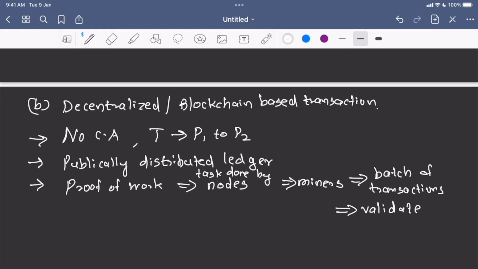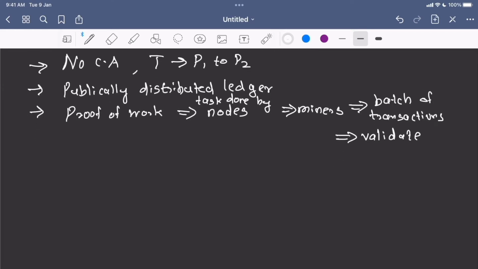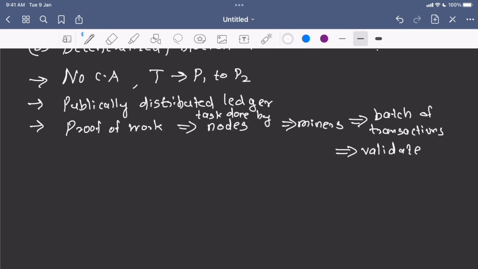Now let's try to look at different scenarios which can happen in the Bitcoin blockchain and how exactly the double spending problem is prevented in Bitcoin. So let's say we have three people. We have Alice, we have Bob, and we have John.